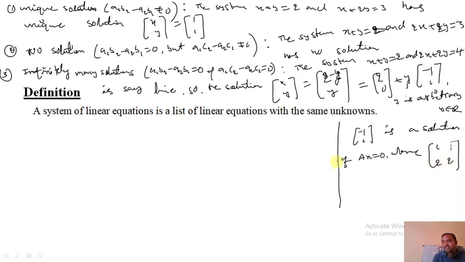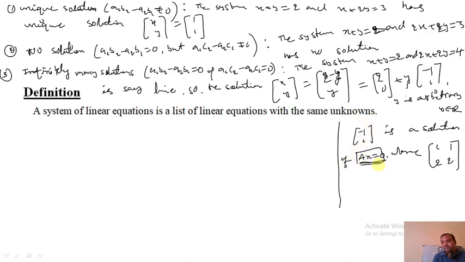Now you can check. Substituting, minus 1 plus 1 is 0, and minus 2 plus 2 is 0. That means it is a solution of Ax equal to 0. But (2, 0) is a solution of the original system. That means the system Ax equal to 0 has a non-zero solution.